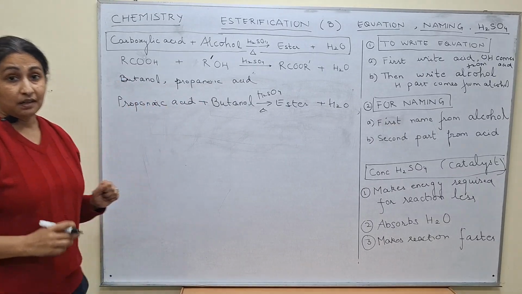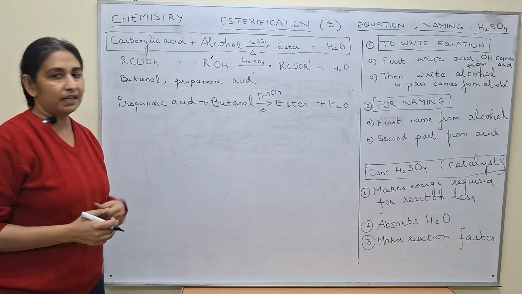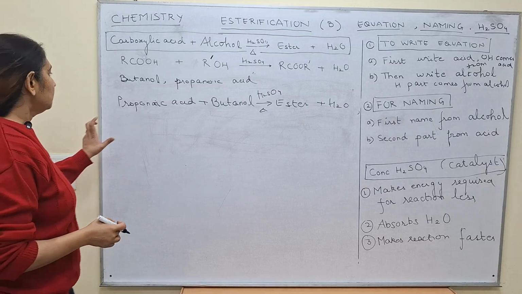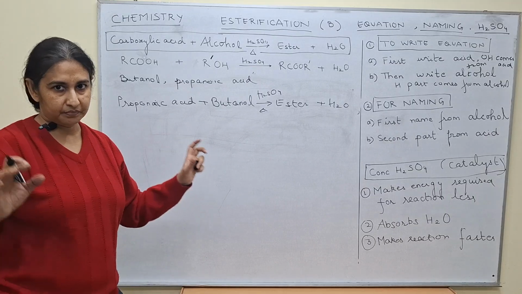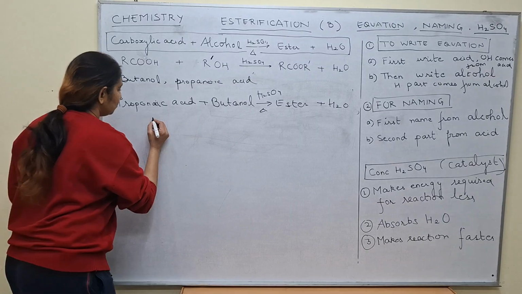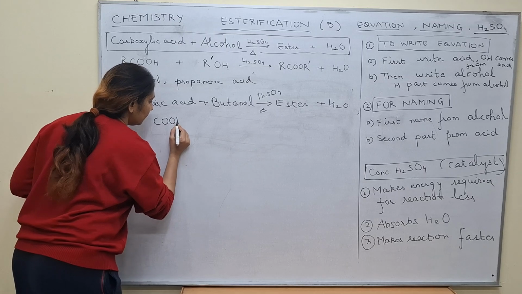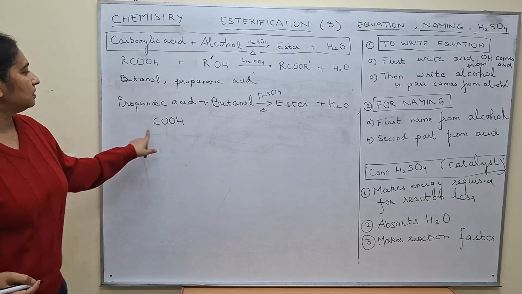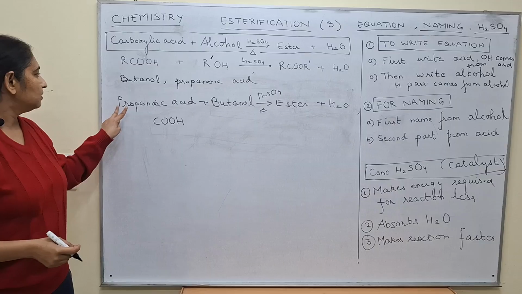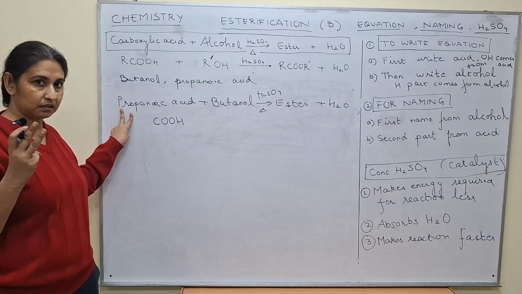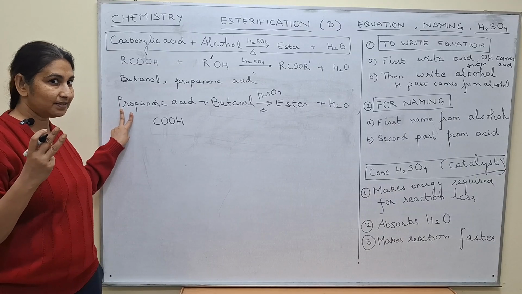Now comes the more difficult part, writing the formulas. Propanoic acid. कैसे शुरू करेंगे? सबसे पहले COOH लिख दो. एसिड दिखाई दे रहा है ना? वर्ड एसिड दिखाई देते COOH लिख दिया. Prop means 3.